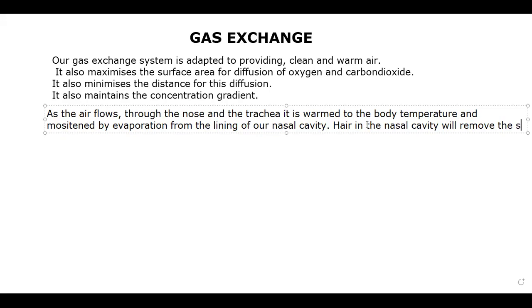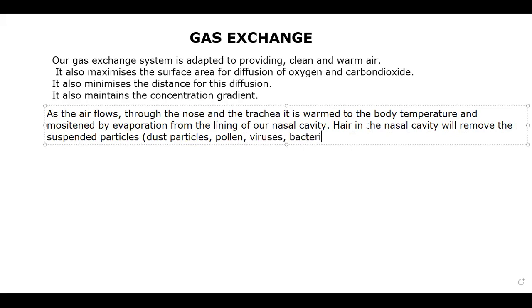You can just use the term suspended particles. Any suspended particles like your dust particles, like your pollen, like viruses, like bacteria, all of these are going to be removed by the hair that we have in our nasal cavity, right?